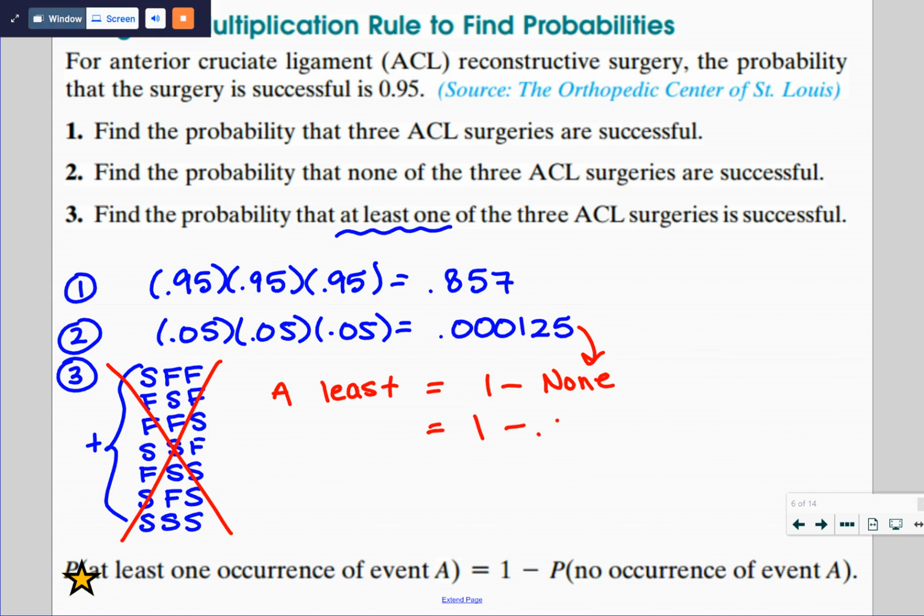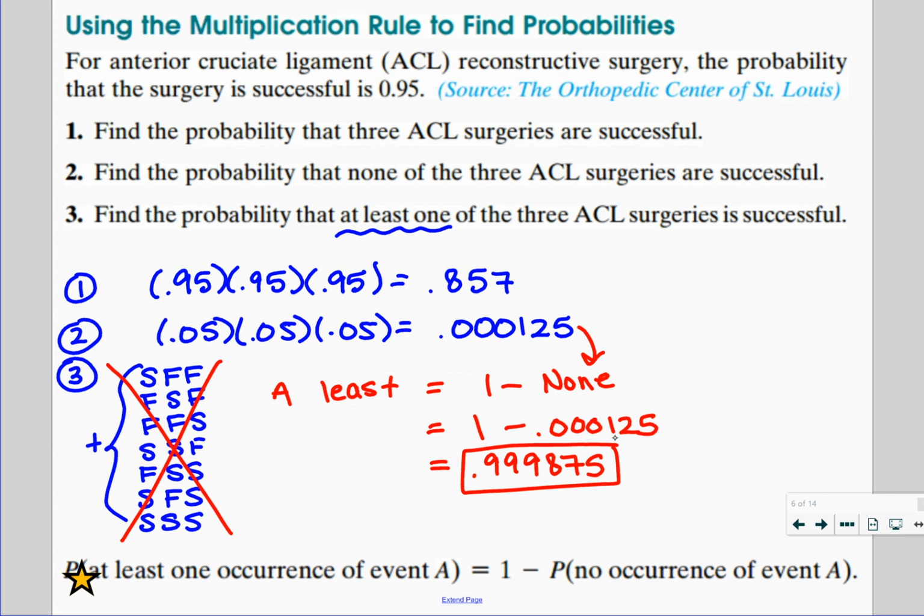So if I do 1 minus the probability of none, what I'm left with is all those other possibilities that we listed out if I had calculated those probabilities independently and added them all up. So if I do 1 minus that number, I get 0.999875. Exactly. Could round it if you needed to. So it's almost certain that at least one of the surgeries will be successful based on these probabilities.